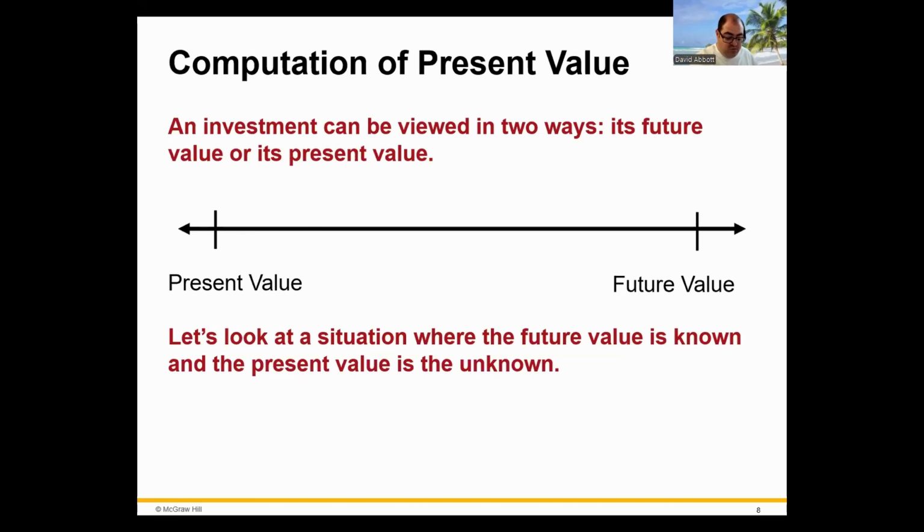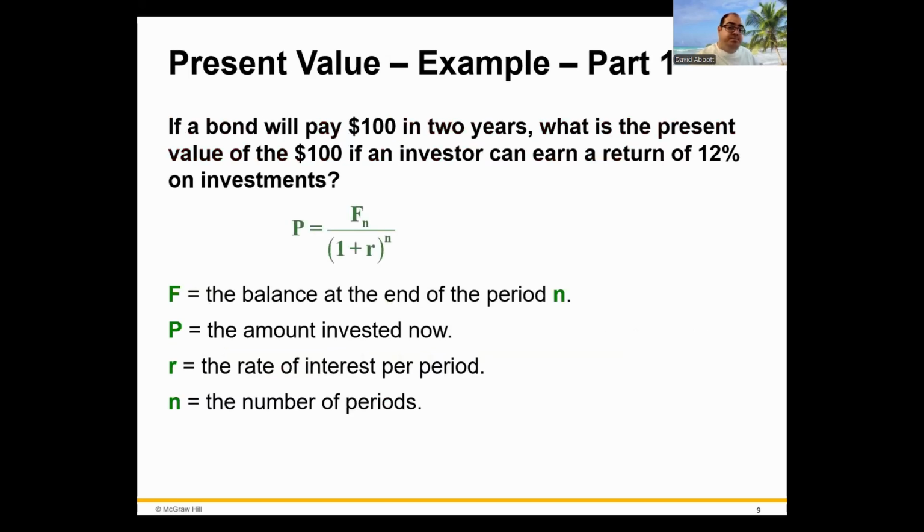The future value is known and the present value is unknown, and that's what we're trying to compute. So again, let's assume that a bond will pay $100 in 2 years. If an investor can earn 12% on their investments, what would be the present value of the bond, or how much would you have to put in to purchase the bond now in order for it to pay $100 in 2 years?